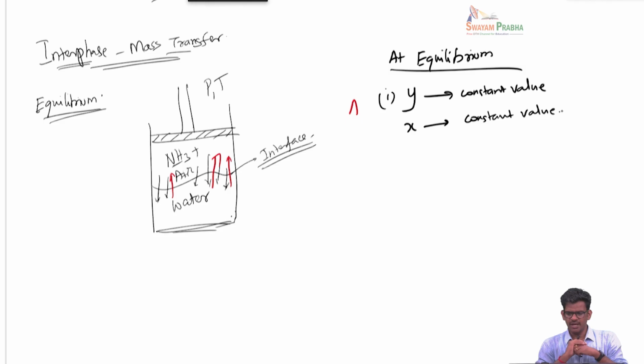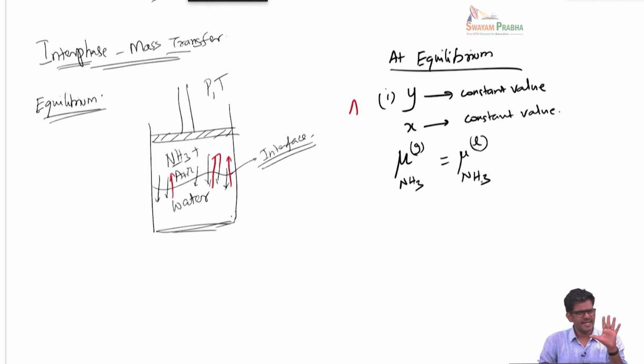Now at equilibrium, what it means is that the chemical potential of ammonia in the gas phase is equal to the chemical potential of ammonia in the liquid phase. So I can write mu of gas equals mu of liquid. At equilibrium, I already mentioned temperature and pressure are held constant across the two phases.